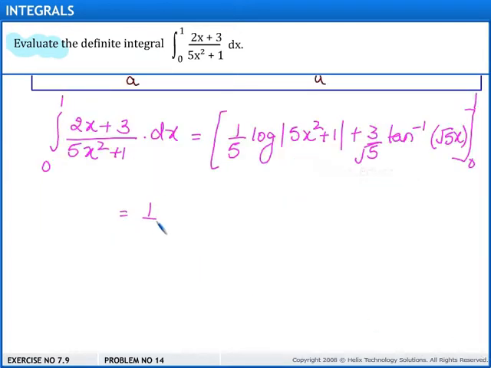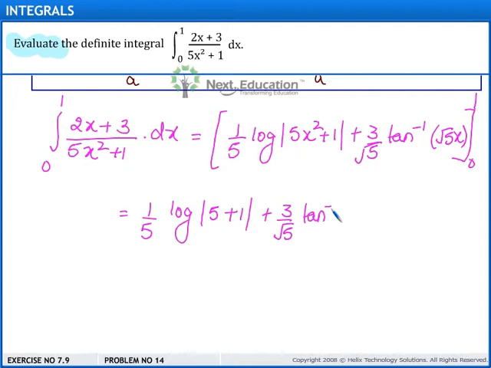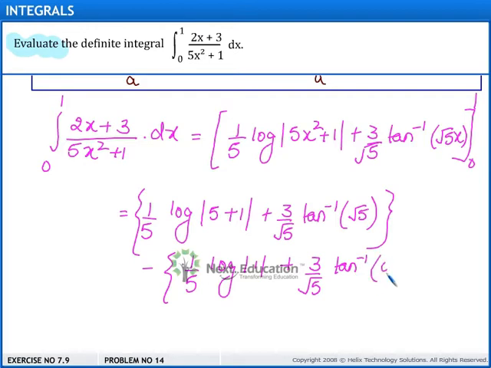and this is equal to 1 upon 5 log mod of (5x square is 5) plus 1 plus 3 upon root 5 tan inverse of root 5, minus 1 upon 5 log mod of 1 plus 3 upon root 5 tan inverse of 0.